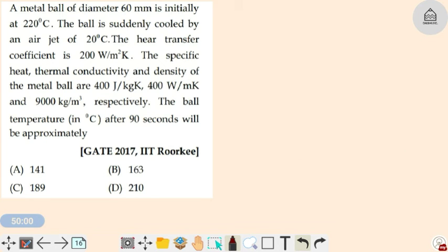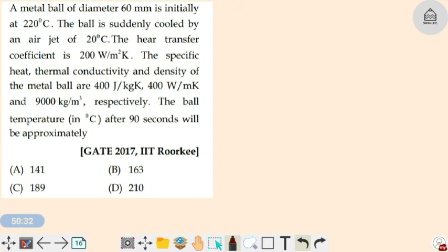So a metal ball of diameter 60 mm is initially at 220 degrees Celsius. The ball is suddenly cooled by an air jet of 20 degrees Celsius. The heat transfer coefficient is 200 watt per meter square Kelvin. The specific heat, the thermal conductivity and density is given.